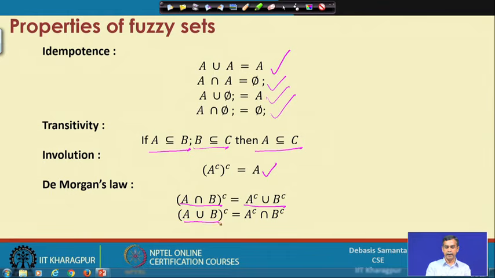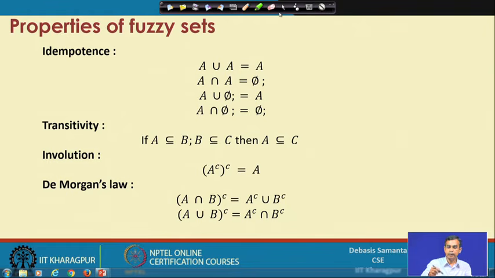Alternatively, A union B, take the complement, is equivalent to A complement intersection B complement. So, these properties hold good for fuzzy sets. These properties are very useful whenever we want to perform many operations on different fuzzy sets.